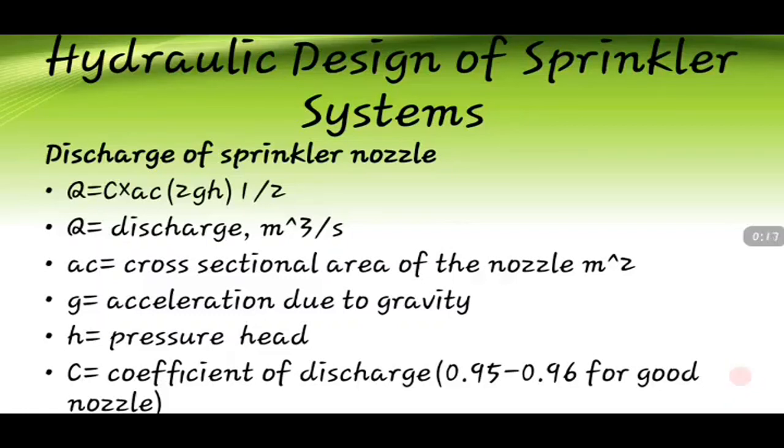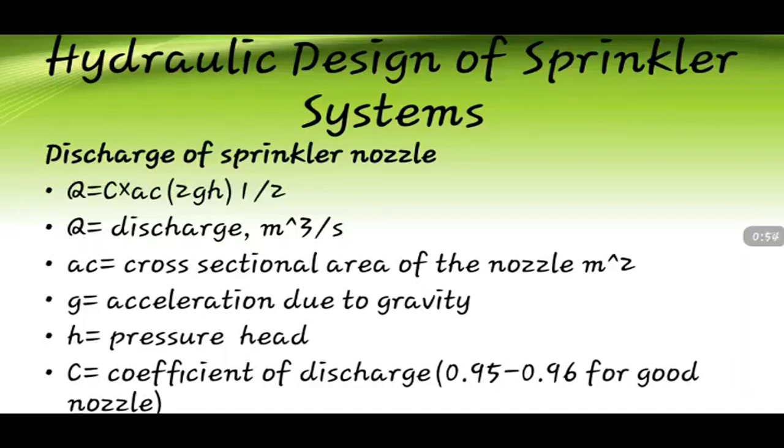At the nozzle, Q is equal to C times A times the square root of 2gH, where Q is the discharge in cubic meters per second, A is the area in square meters, g is the acceleration due to gravity, a constant value of 9.8 meters per second squared, and H is the pressure head. C is the coefficient of discharge, which ranges from 0.95 to 0.96 for a good nozzle.